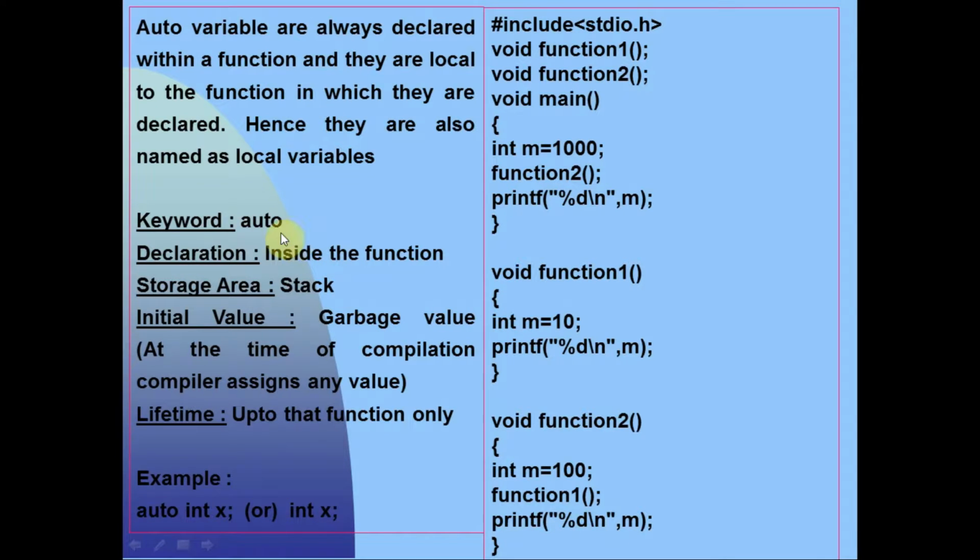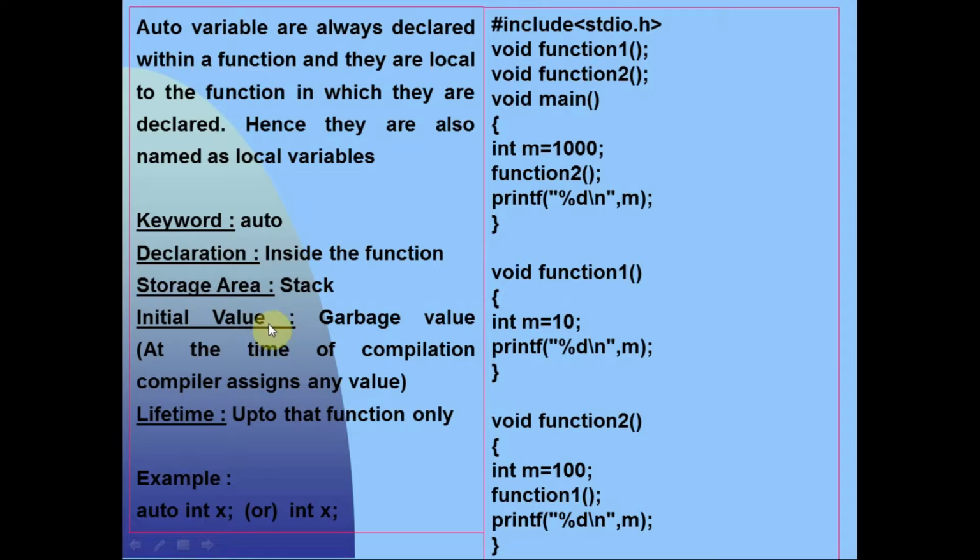How to use? An auto variable is always declared within a function, and it is local to the function in which it is declared. Hence, they are also named local variables. Keyword: auto. Declaration: inside the function. Storage area: stack.